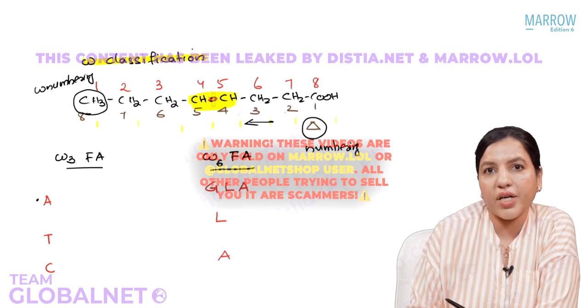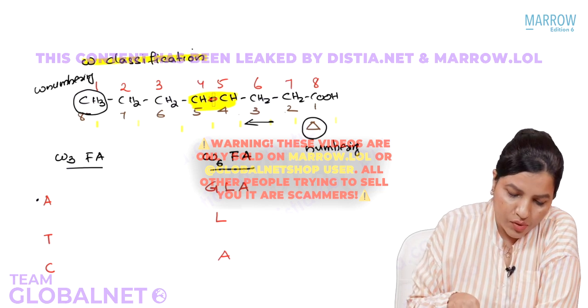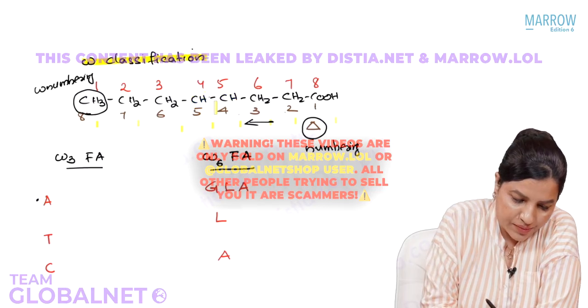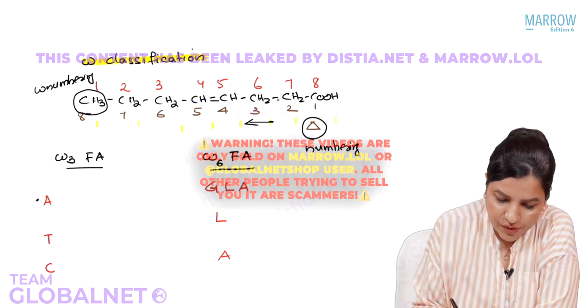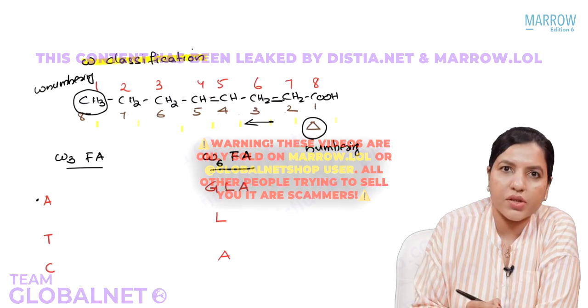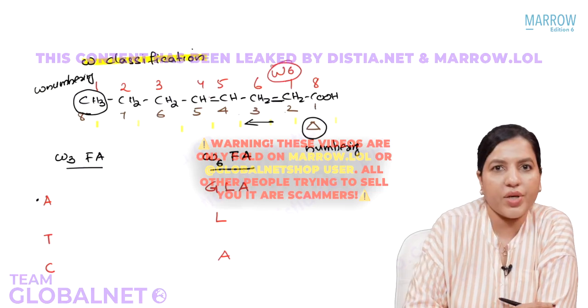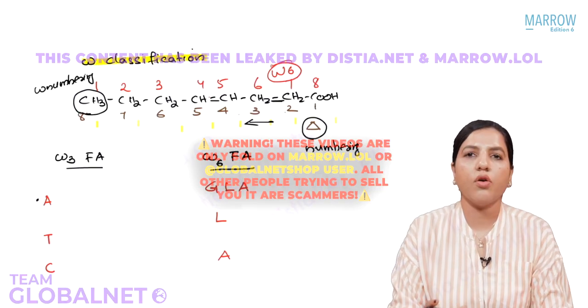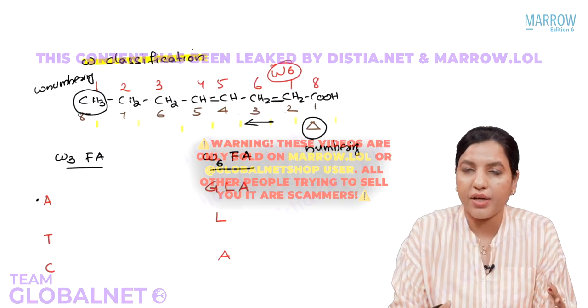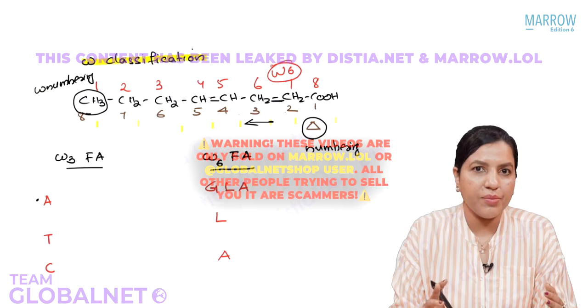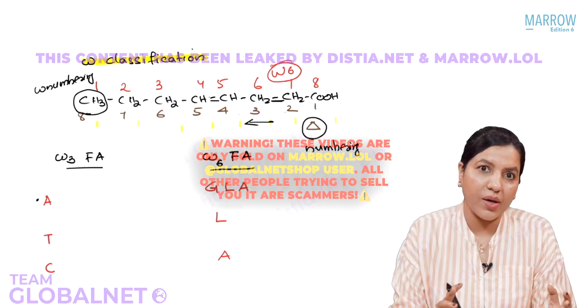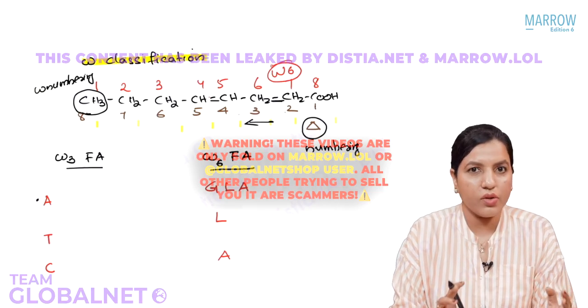So this will be an omega 4 fatty acid. Suppose the double bond is not here but somewhere here, then it is an omega 6 fatty acid. So that is the omega classification, numbered based on the position of the double bond from the terminal methyl group.